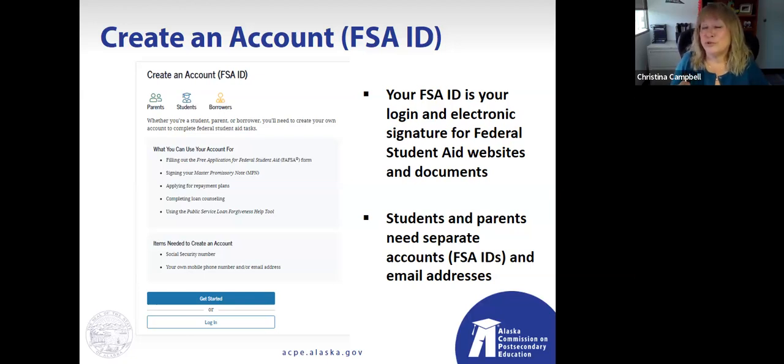They may have to go through troubleshooting to remember their login information, but they won't have to go through that waiting period. If anyone who has used a FAFSA before can't remember, which happens a lot, people will not remember that they filled out a FAFSA, but they will remember if they received a grant, a student loan, or a scholarship to pay for any kind of college class sometime in the past.